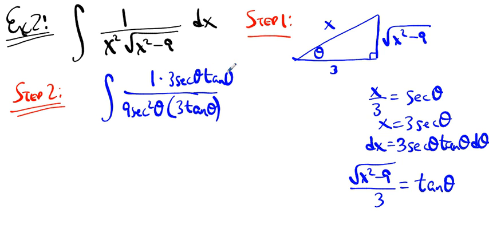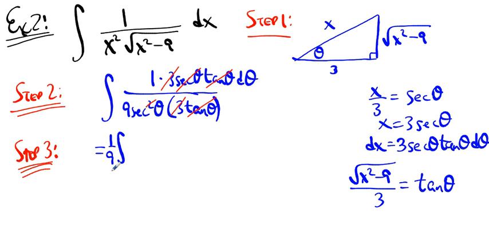Well, why is that advantageous? That's great. Because when we get to step 3, evaluate the integral, we find out that 1/9 comes out front, secant theta in a denominator is cosine theta up top, I can do this.